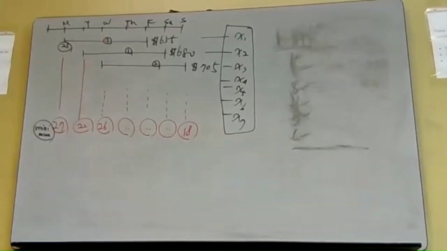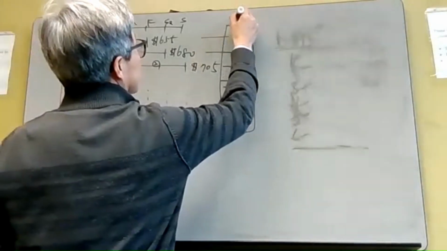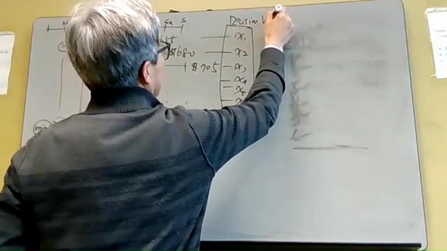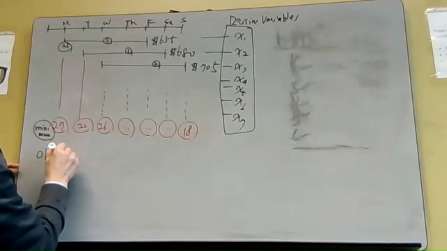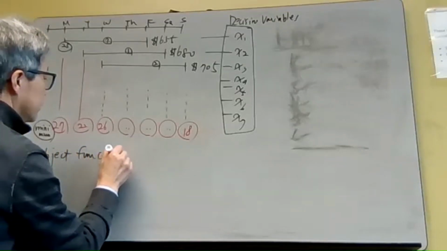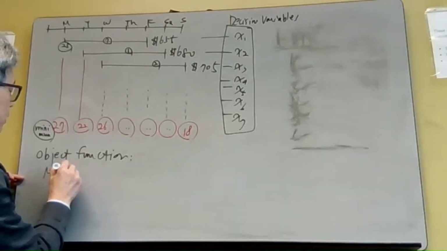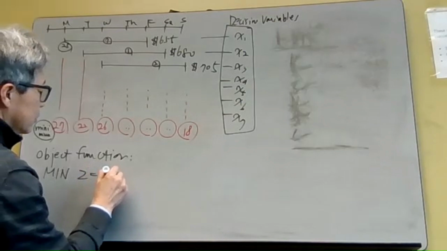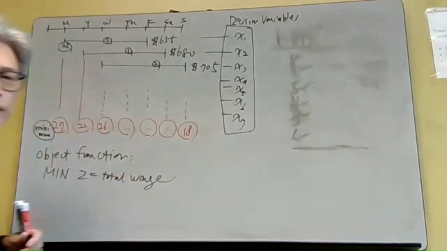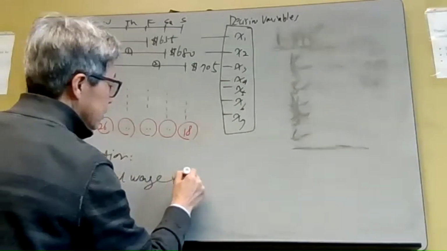So your objective function, these are decision variables. Then what is the objective function? Minimizing wage, let's say wage expense.